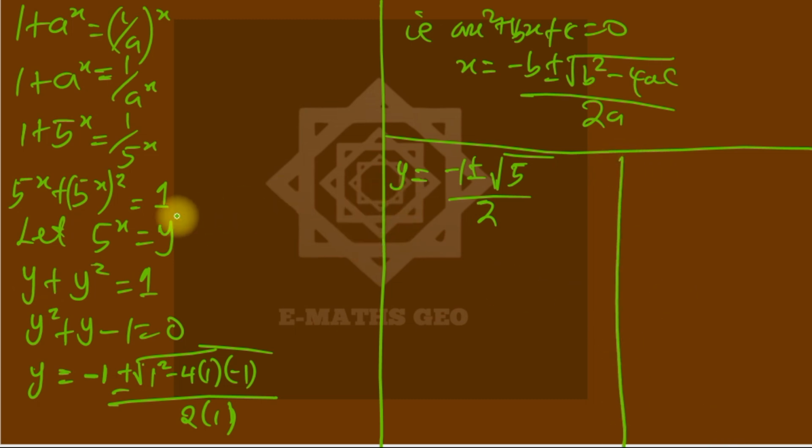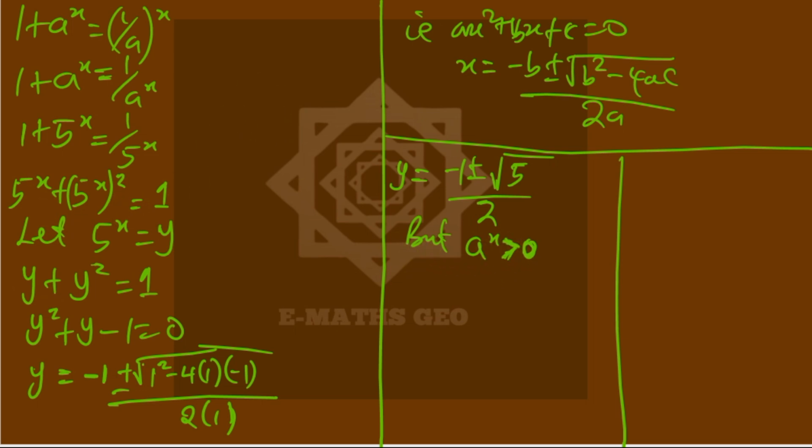But we know that the exponential function must give you a positive answer. Just know that any exponential function must be a number greater than 0. Check it. Any exponential function must be a positive number.